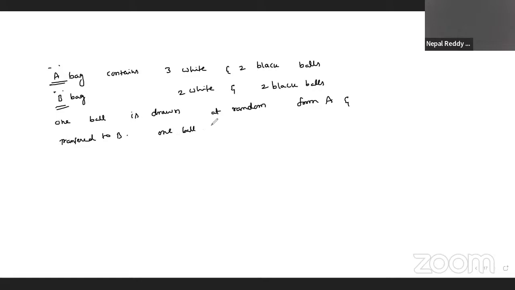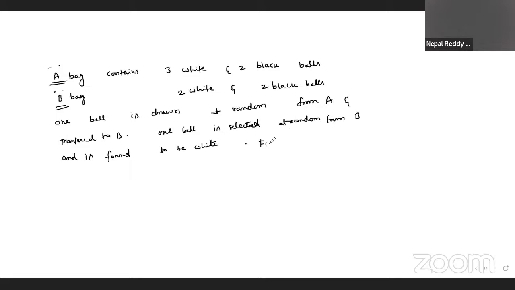One ball is selected at random from B and is found to be white colored.